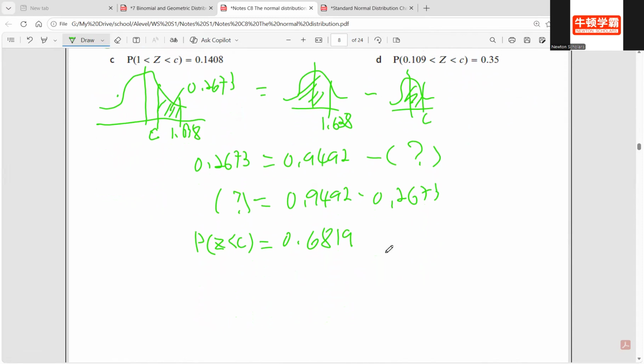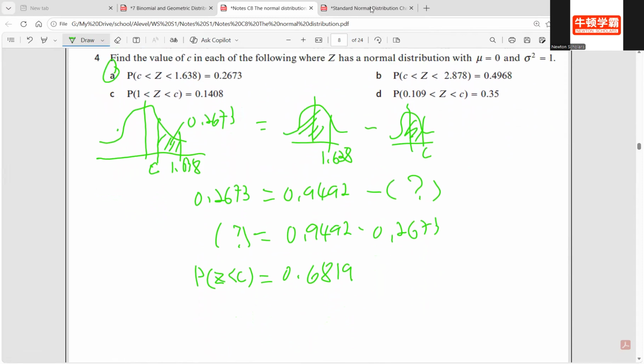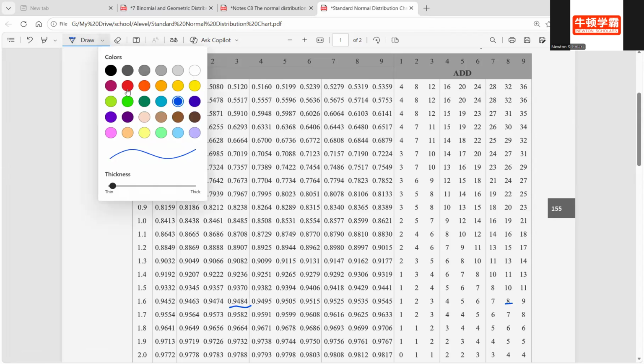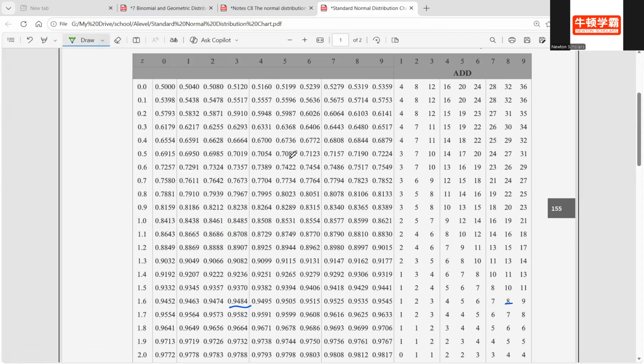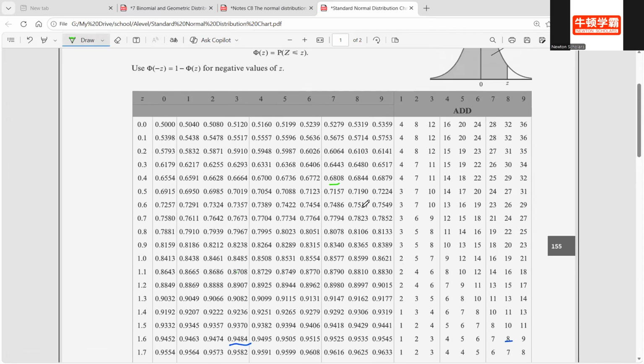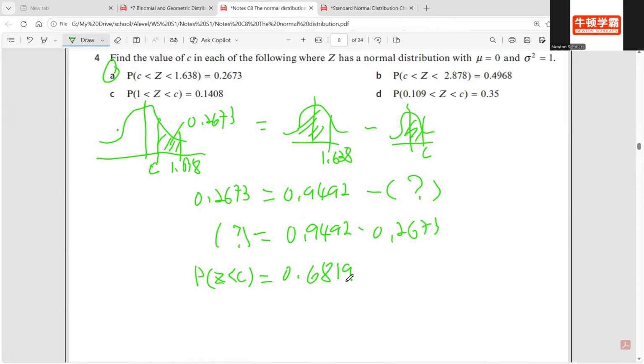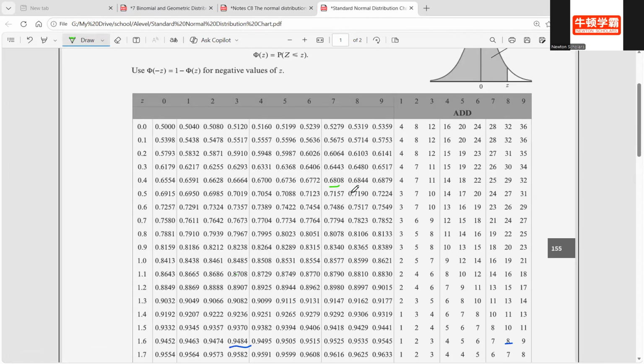Same case as before, 0.6819. I need to find it back. 0.68, around here. 0.681, I think this one, supposedly. So this is 0.6808.